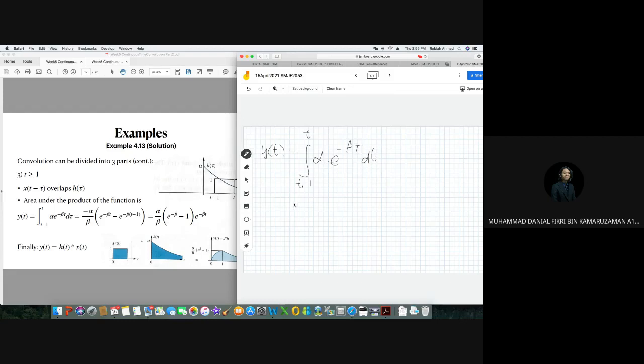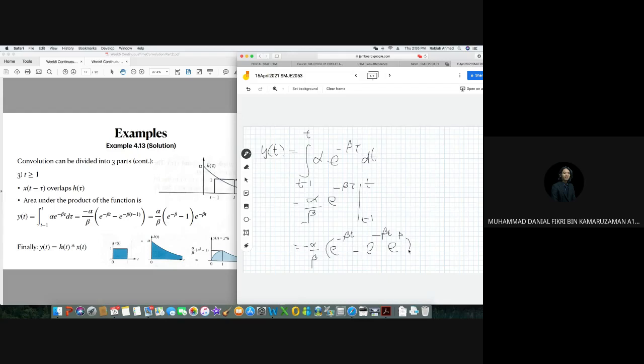So ni bawa ke bawah, saya akan dapat alpha over minus beta, E minus beta tau, T minus 1 to T. Bila saya masukkan, minus beta T minus E minus beta T dengan E minus beta lah.